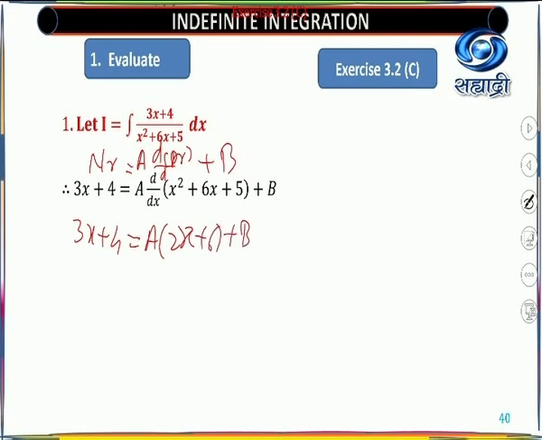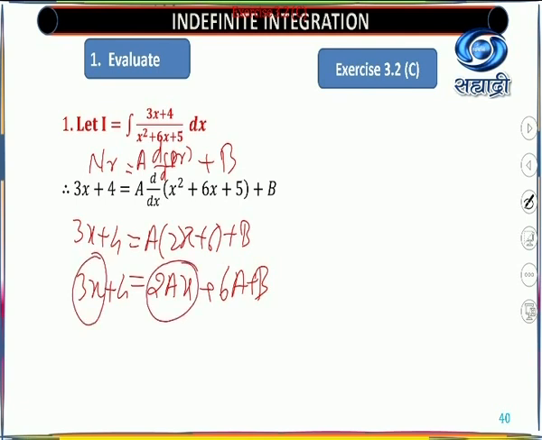Now we'll compare. First we collect the like terms: you have 2ax, there is no other x term, and you will get 6a plus b. Comparing with 3x plus 4, this is 3x and this is 2ax, so they are equal. So 2a equal to 3, so a equal to 3 by 2.